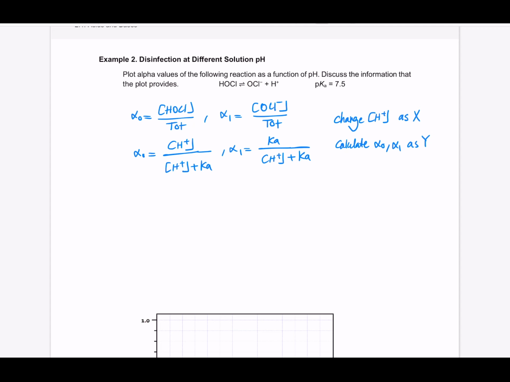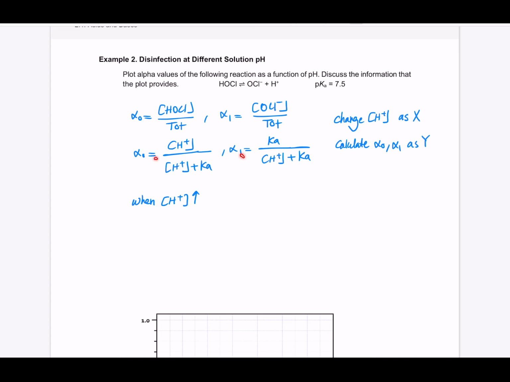So mathematically, looking at specifically these two expressions, what happens when H plus increases? Let's assume a very extreme case of pH 0. A lot of H plus. The concentration of H plus is very big. What happens to alpha 0 and alpha 1? How are these two impacted?